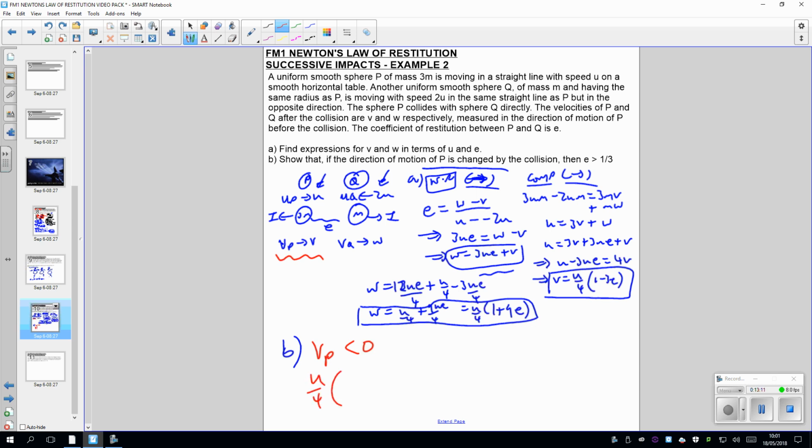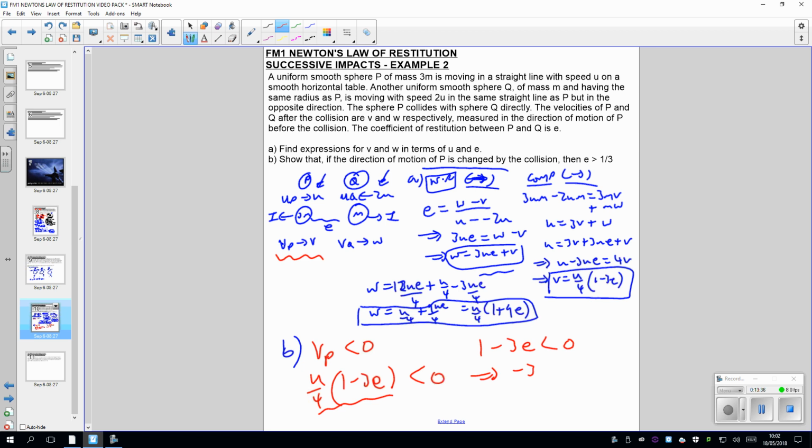Just if you understand that VP must be negative, because I assumed it was to the right, when actually it's to the left, then you're on your way. So 1 minus 3e is actually less than 0. My answer must be negative if I assume it's going to the right. So I can divide by the u over 4, that's gone. I get 1 minus 3e is less than 0.